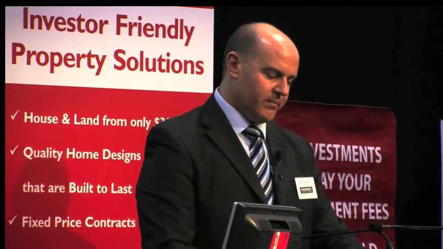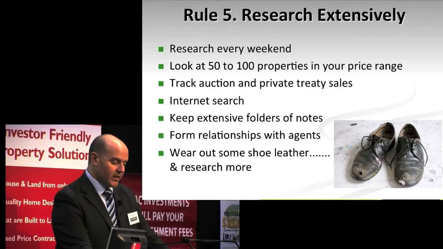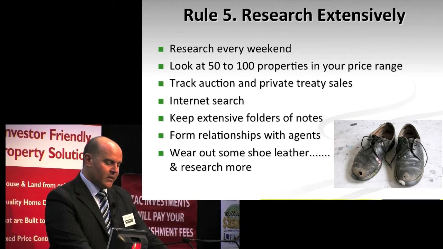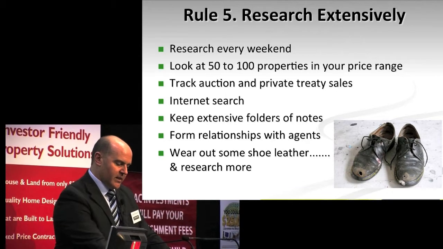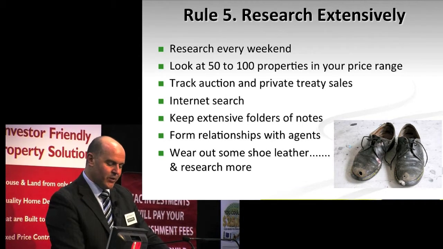So we've done ground truth. The next thing is to get out there and research. You're going to need to look at 50 to 100 properties in the areas that you're going to be searching in. You've got to keep extensive notes to identify the properties that are worth looking at. I've put a pair of shoes there just to show you, it is hard work. You are going to wear out a couple of shoes doing this, and there isn't a shortcut to ground truthing, I can tell you that much.